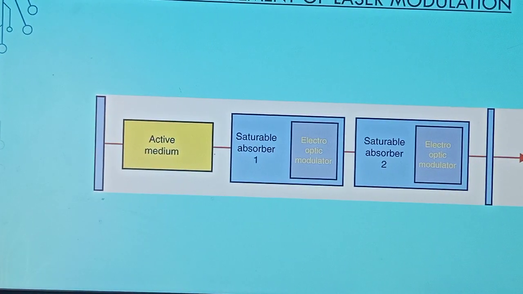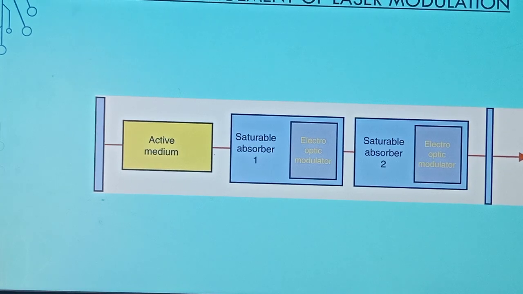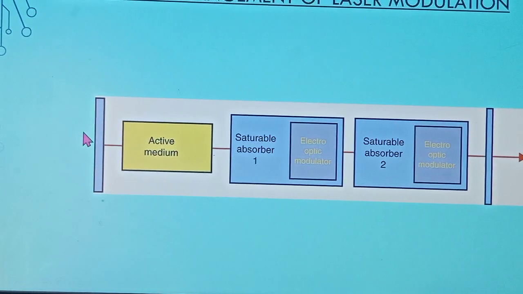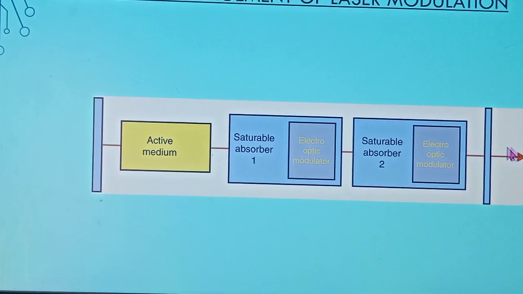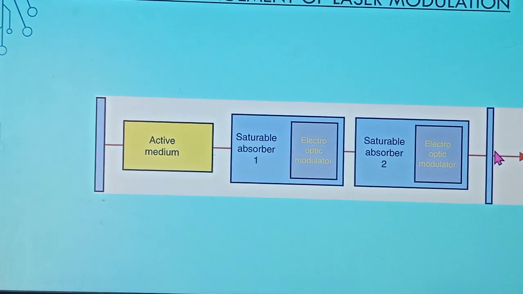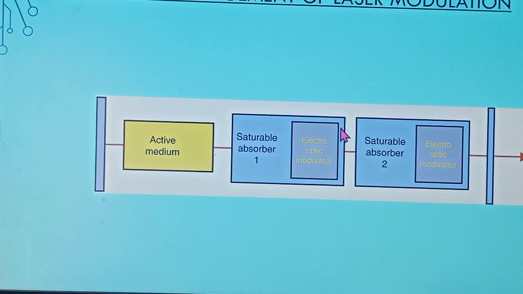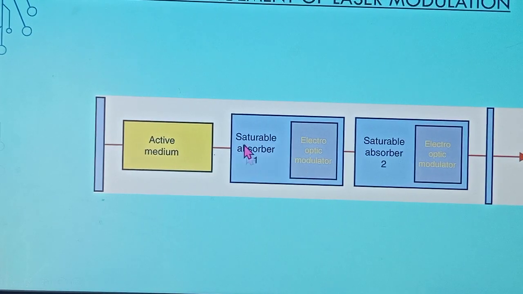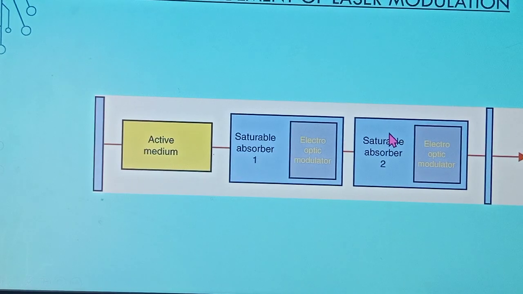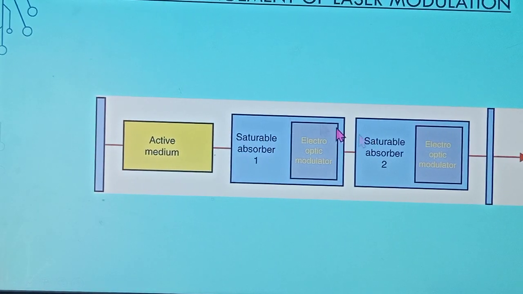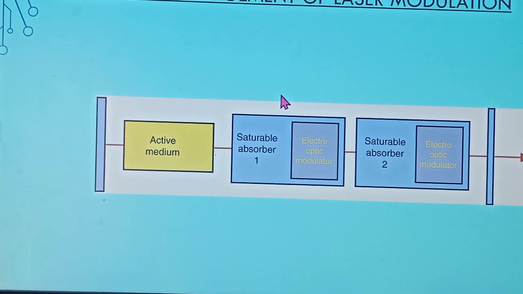Now this is a schematic arrangement of the laser modulation. Look here, this is a high reflecting mirror, this is a low reflecting mirror, also called the output coupler. You have an active medium, and the saturable absorber I have explained to you. According to the need, we can use many of them like this, as it is shown here.